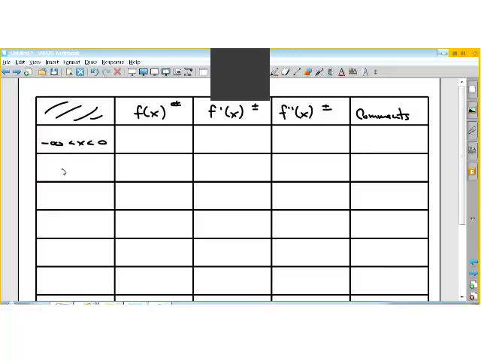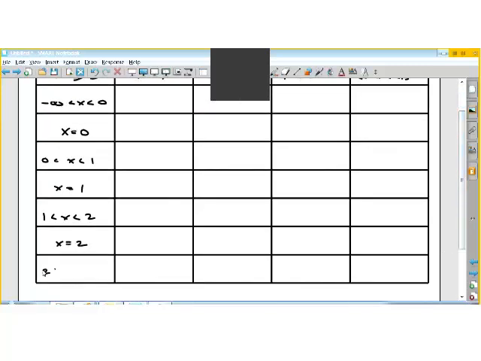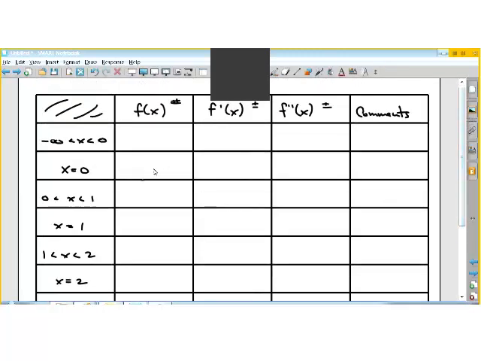So we go to 0, and then we have x equals 0. Then we go from x equals 0 to x equals 1, x equals 1, x between 1 and 2, x equals 2, and 2 to positive infinity. So you see we cover the entire domain. In this case, we actually even include these in-between things. Okay, so that's how the table's filled out.